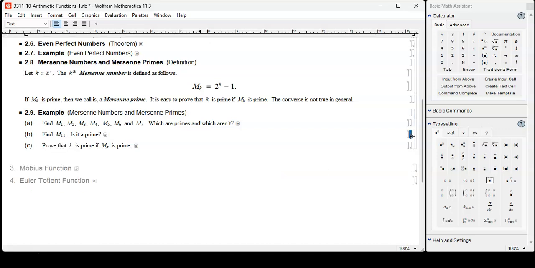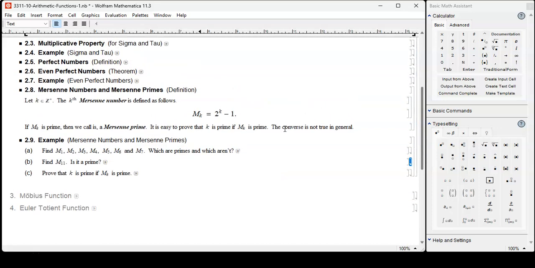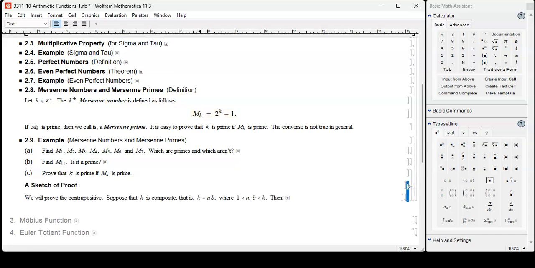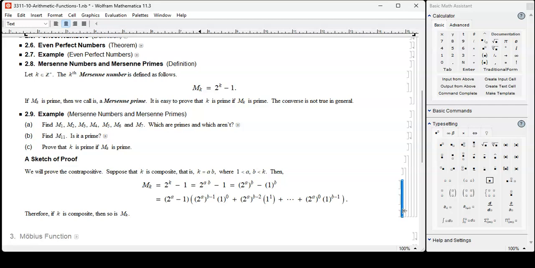Now finally, prove that k is prime if M_k is prime. Alright, assuming M_k is prime, we have to prove k is prime. One way to prove that is to use the contrapositive. Suppose that k is composite and prove that M_k is composite. So k is a times b, non-trivially, and then express M_k as 2 to the ab power minus 1, and then we can use the cyclotomic factorization, 2 to the a power to the b power minus 1 to the b power, and then decompose like this, factor like this.